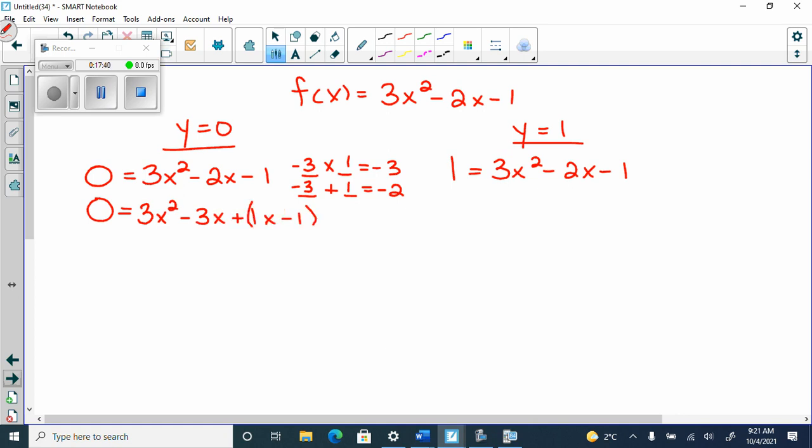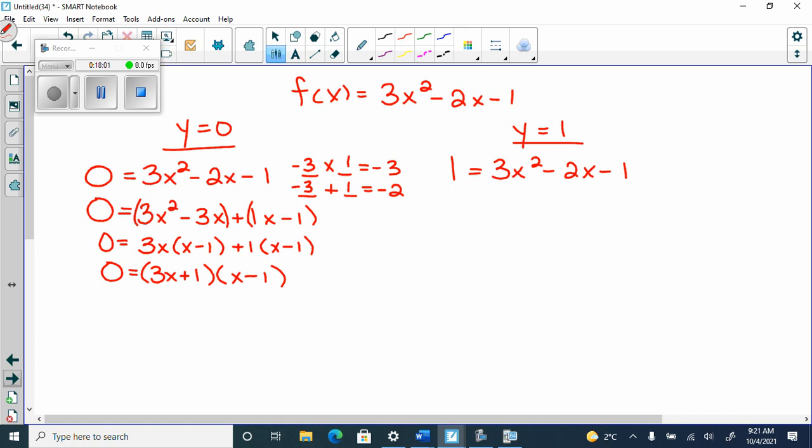Group it. 0 equals, and this is all from last year, 3x, x minus 1, plus 1, x minus 1. 0 equals 3x plus 1 and x minus 1. So this is just factoring from grade 10 up to this point. That's all just factoring from grade 10.